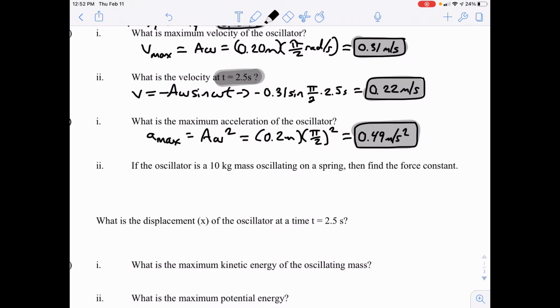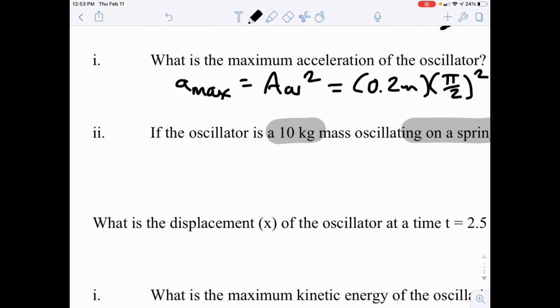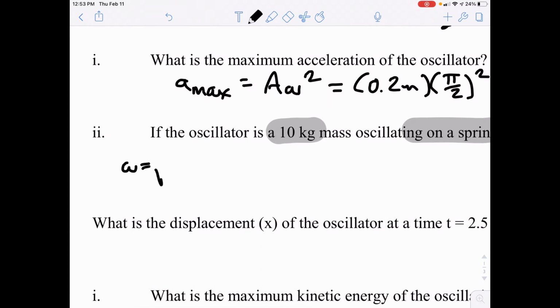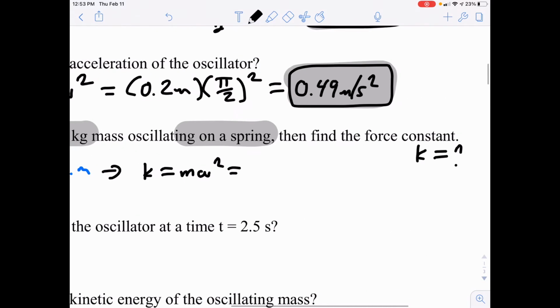Now we're told what type of oscillator it is. We're told it's a mass oscillating on a spring. So therefore, find the force constant, which is K. Well, we know that omega is equal to the square root of K over M, which is the same way of saying omega squared equals K over M. Multiply both sides by M, and K would be M times omega squared, which is our 10 kilogram mass times pi over 2 and square it.